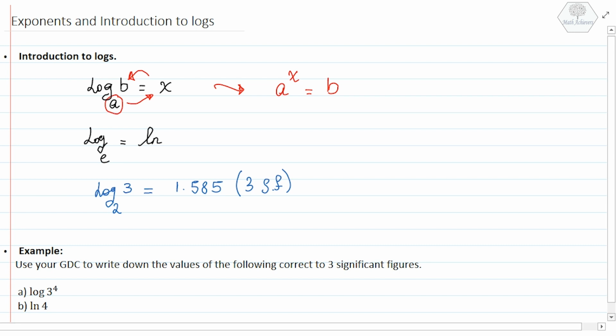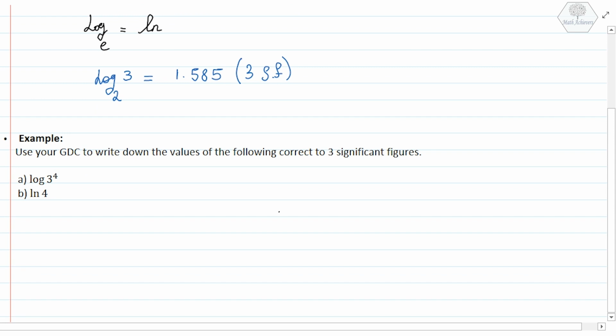Let's now solve an example also. In this example, we want to use the graphical display calculator to write down the values for the following correct to 3 significant figures. The first value for part A is log 3 to the power of 4.